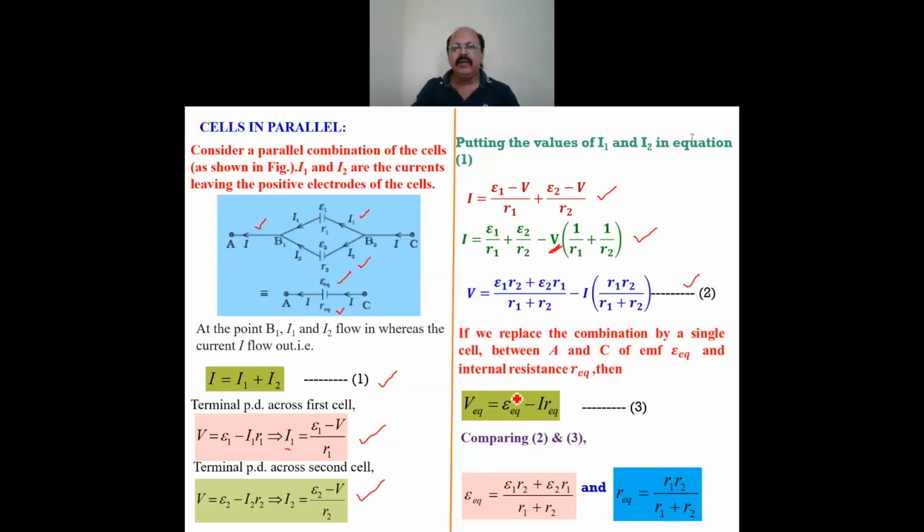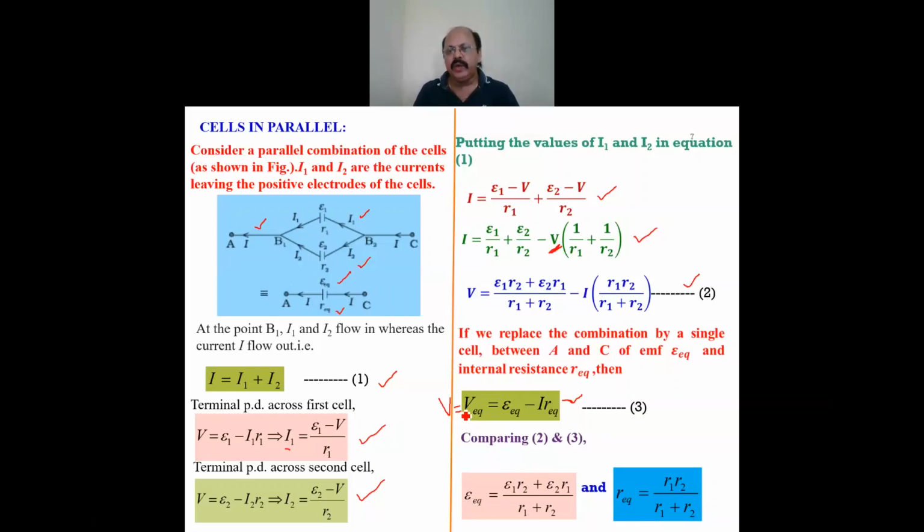V equivalent equal to E equivalent minus I R equivalent. And this V equivalent is basically equal to V, because in parallel combination, voltage or potential difference remains the same. So V equal to E equivalent minus I R equivalent.